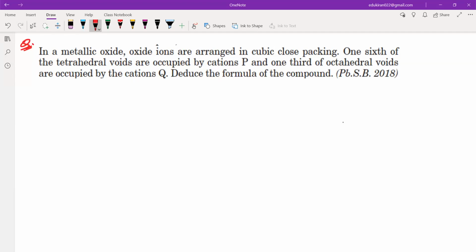Yeah, correct. FCC, because we have cubic close packing, and the unit cell for cubic close packing is FCC. Correct.